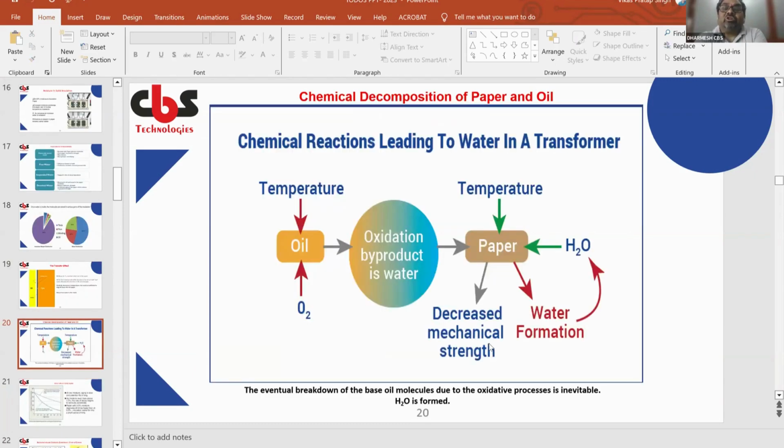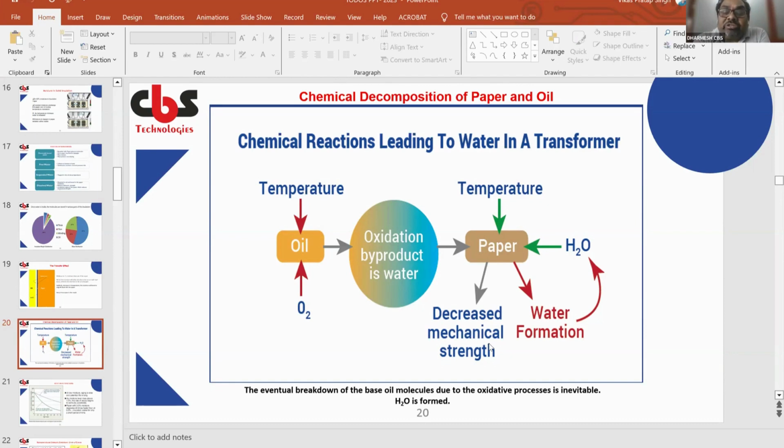This is the chemical decomposition of paper and oil. You can see the chemical reactions leading to how water is generated in the transformer. Temperature is there, then oxidation helps. Oxygen goes inside with the oil. It helps in oxidation, and the byproduct of oxidation is water.